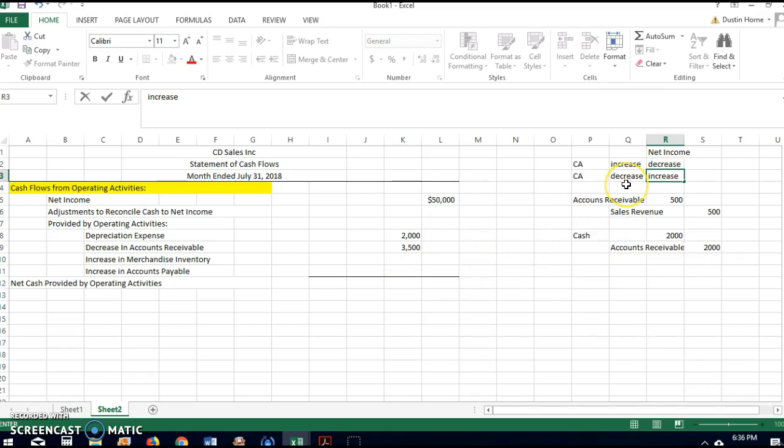But if you want to remember, the shortcut is, if the account decreased, it's an increase adjustment to net income. Okay, then we have an increase in merchandise inventory. Let's talk about merchandise inventory for a minute. When we buy merchandise inventory, we debit merchandise inventory and we credit cash for the amount.